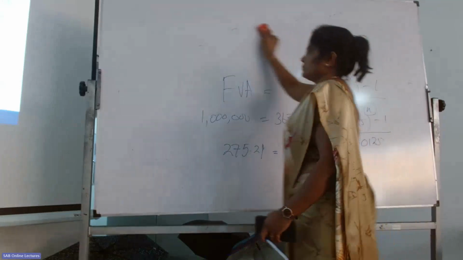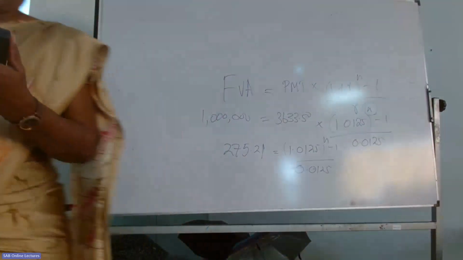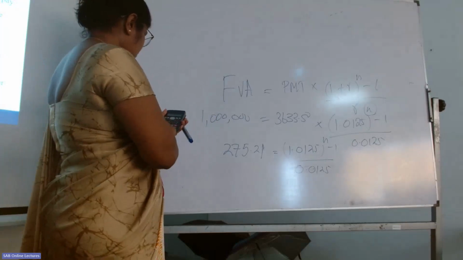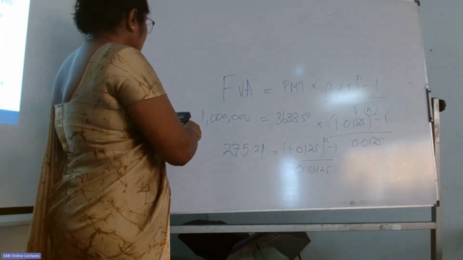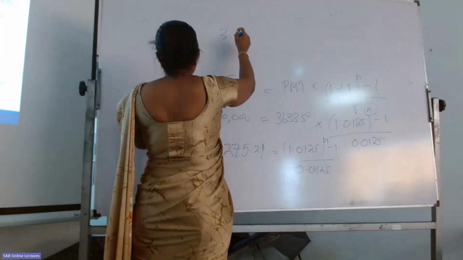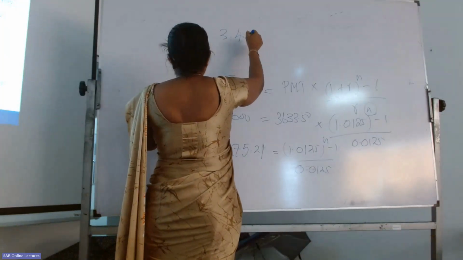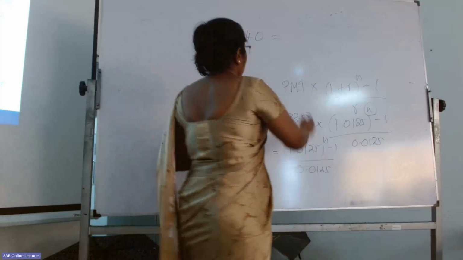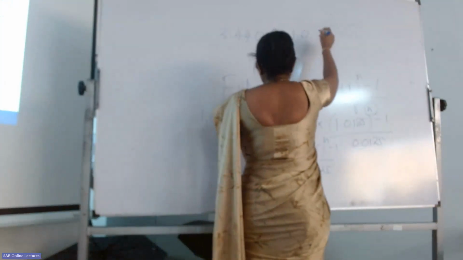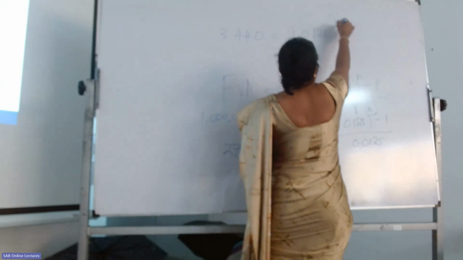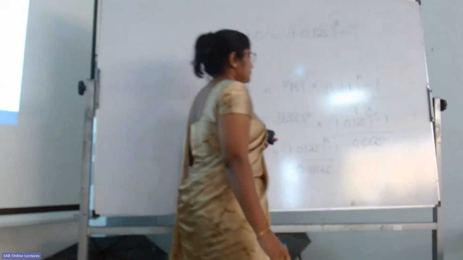So then you can multiply by 0.0125. So then you will get 3,440 equal to 1.0125 to the power n minus 1.